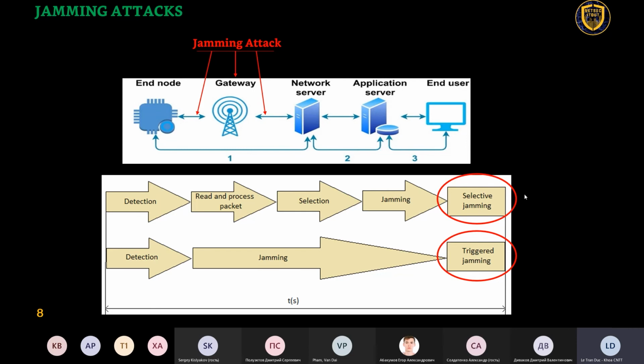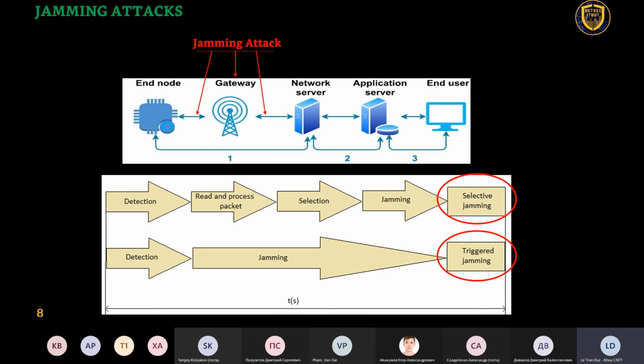We have two types of jamming attacks. The first one is trigger jamming, and the second one is selective jamming. Trigger jamming is easy to carry out because it triggers a noise signal and impacts the device working at a specific frequency. However, it is also easy to detect.